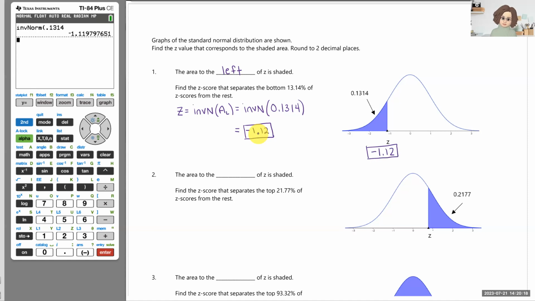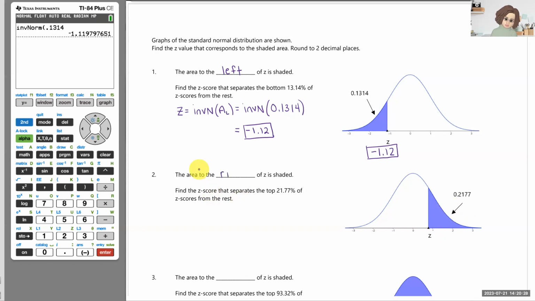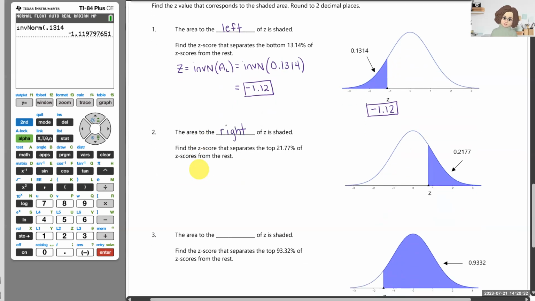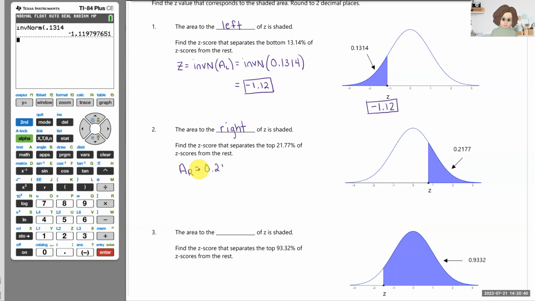All right, number 2. Now the z-score I'm looking for, the area they shaded is to the right of that z-score. In that situation, I'm going to abbreviate here, area right is given as 0.2177.